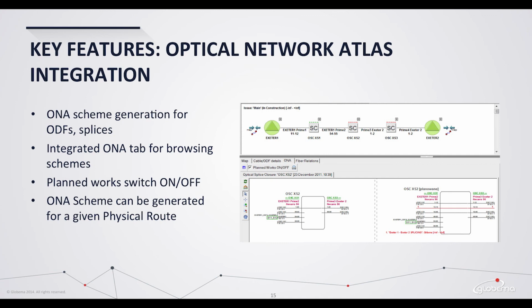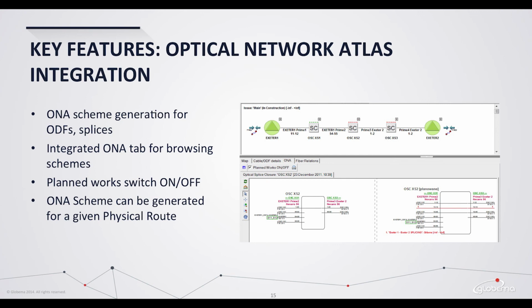The first feature is that ONA can generate schematics for splices when PRM has its planned connectivity. So every time you plan to create new connectivity, or to change connectivity in a splice, ONA can generate a schematic for this splice to present how connectivity has to be changed.